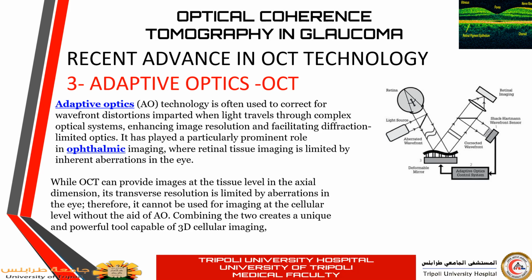Now, if we modify and use special optics that correspond to the wavefront of that patient using the OCT, we will have a very good combination of axial resolution along with transverse resolution. This is a new era of research and work: the use of adaptive optics OCT, so that the image will be at a cellular level. We will speak now on cellular resolution.